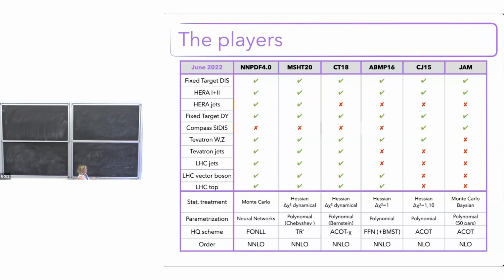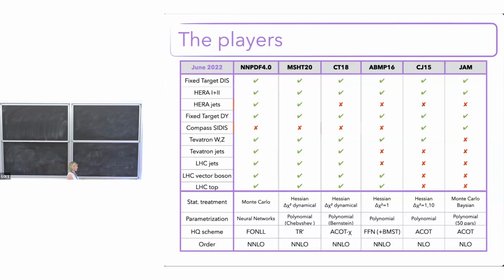But again, within each of these green ticks, you can see that there are different choices made. For example, an LHC vector boson and top. But anyway, you read the paper and I have something in the backup. And then the statistical treatment here I showed, Monte Carlo versus Hessian, dynamical, Monte Carlo, and so on. Parameterization here, you will recognize something that I mentioned.